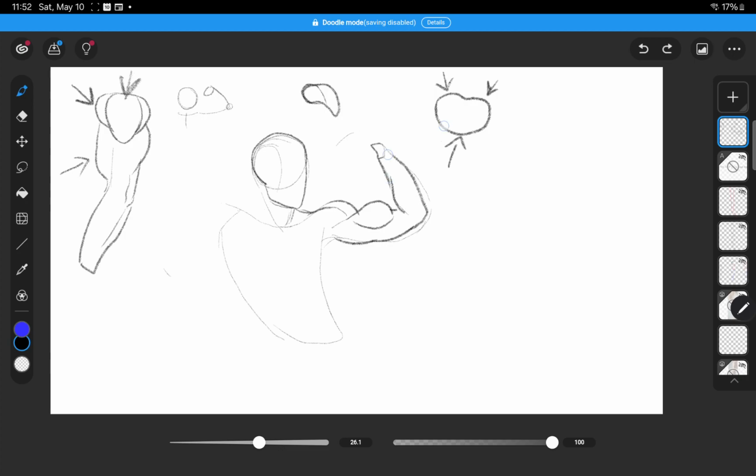And yes, like so. So this is the higher bump, and then this right here, that is quite an arrow. This right here would be the lower bump. And this tricep, I don't know why, but I'm not feeling it. Let's try that again.